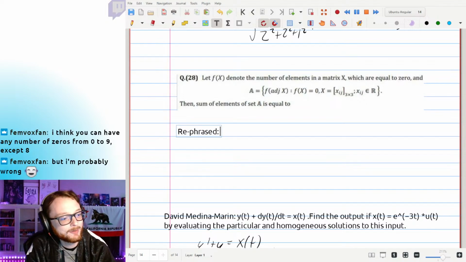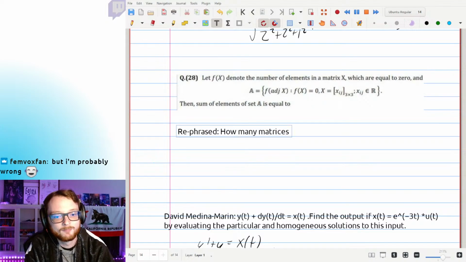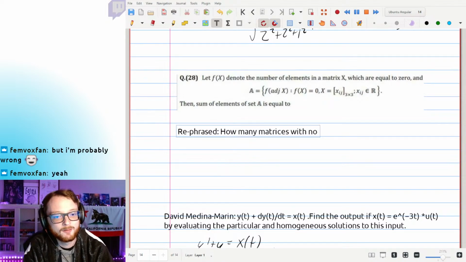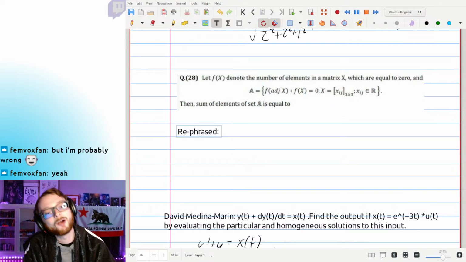So are you summing 0 to 9 minus 8? Yeah, Collatz, same. The sum of the elements of set A. Oh, okay, so I see.